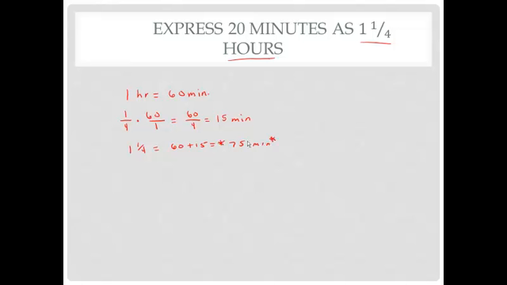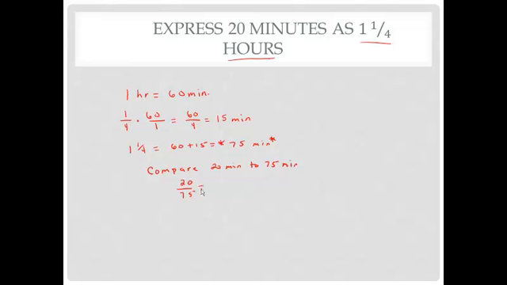Now that we've converted our 1 1/4 hour to minutes, we can compare the 20 minutes to the 75 minutes by placing those in fraction form, 20 over 75, and then simplifying or reducing the fraction.